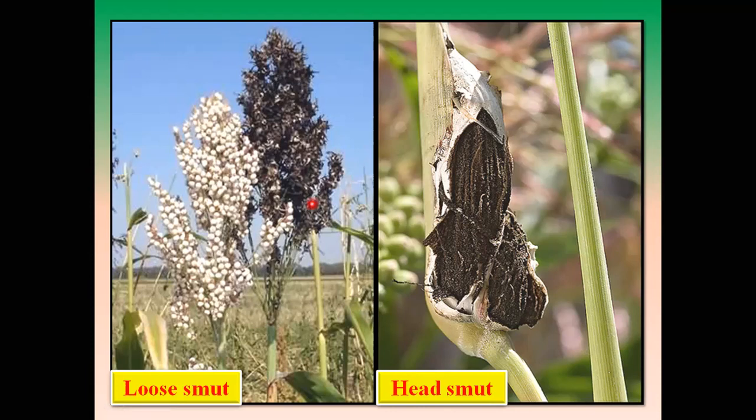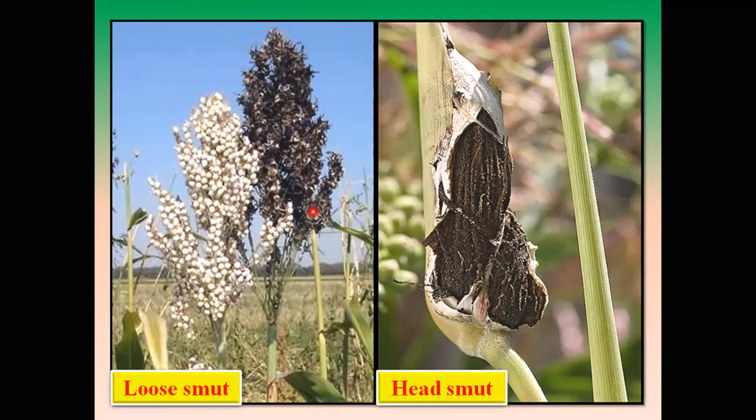The infected plants are stunted in appearance and produce thinner stalks. More tillers are produced, and the infected plant flowers earlier than the normal plant.